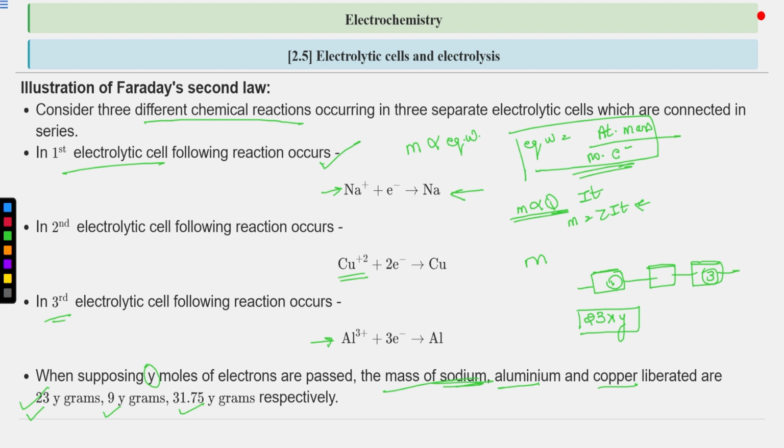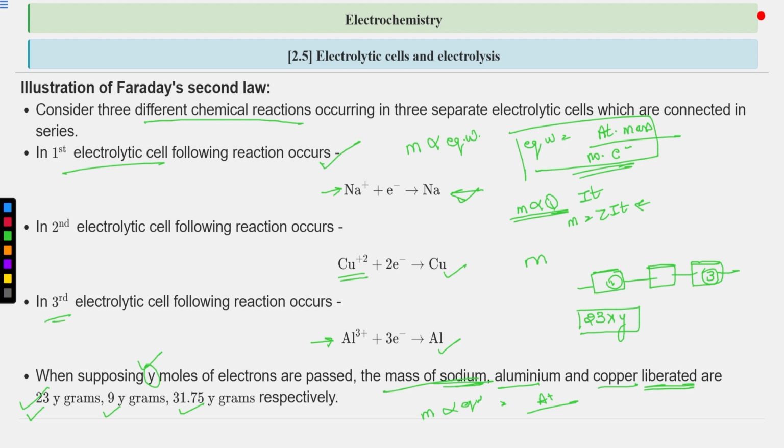So if we are given three cells where sodium, copper, and aluminium reactions are happening on the electrodes, and we suppose that Y moles of electrons are passing, then the mass of the sodium, aluminium, and copper liberated is directly proportional to equivalent weight, which is atomic mass divided by the number of electrons.